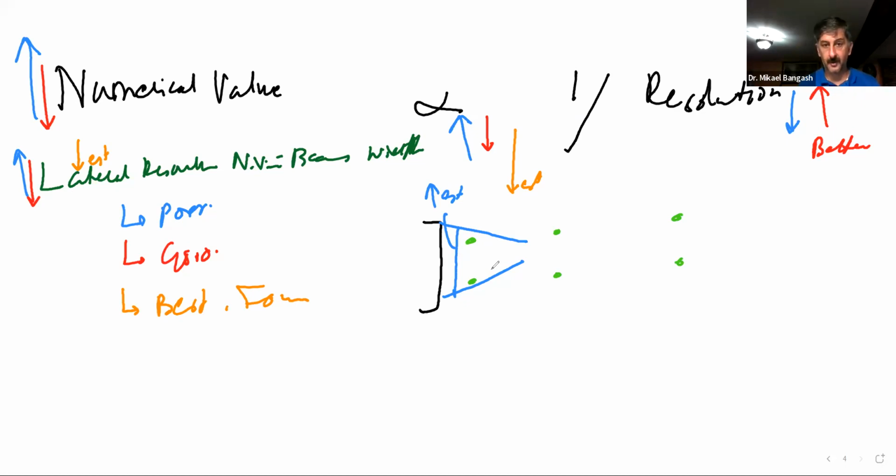At some point, the beam gets to its focus.